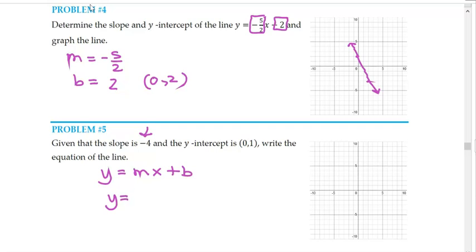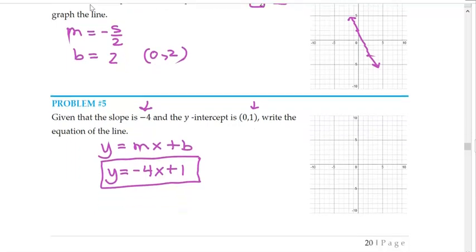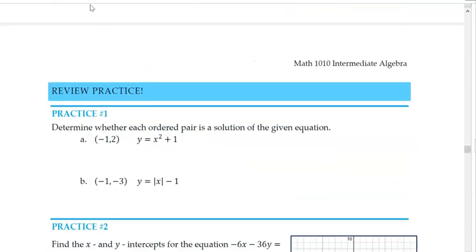So y equals -4x. And then my y-intercept is a 1, so I'll have +1. And so that is the equation of a line where the slope is -4 and the y-intercept is (0, 1). And then you could take some time and graph that over there just to get some practice with some graphing.